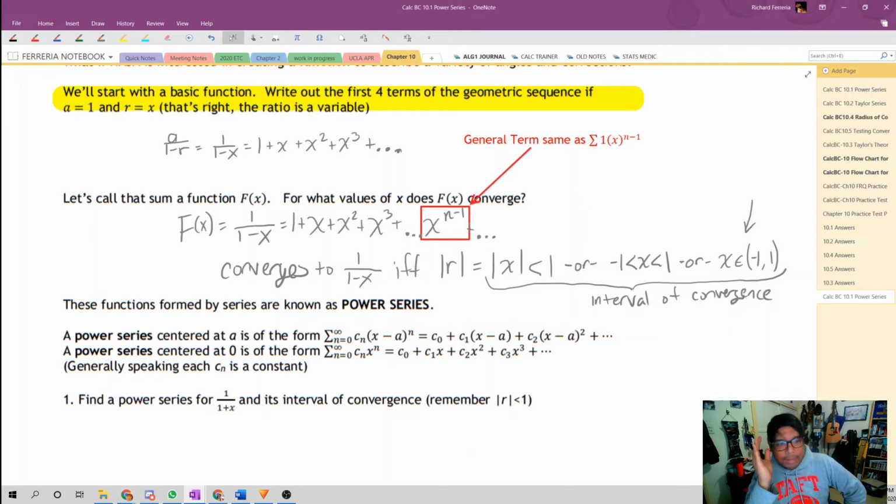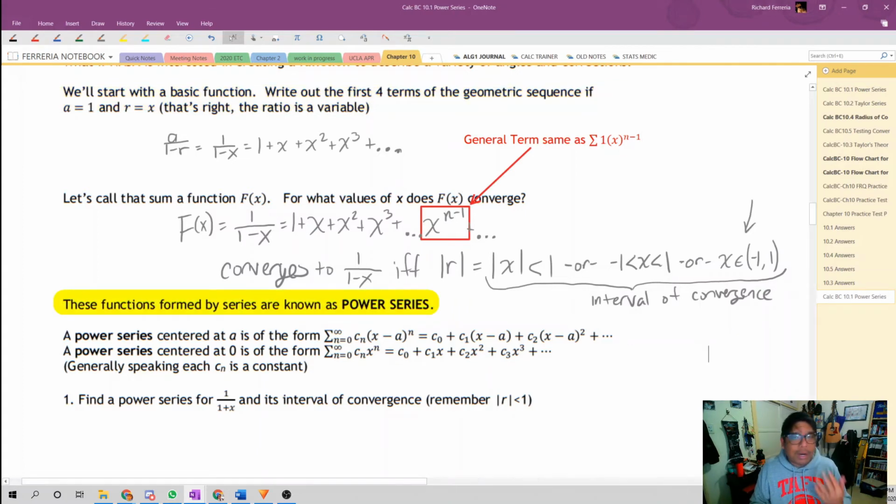So the function f of x can be defined not only in regular notation as 1 over 1 minus x, but we can also define it by this geometric series 1 plus x plus x squared, etc., etc. Functions that are formed by series or can be formed by a series are called power series. Basically, we've taken a series and we've made it into a function, and that function is generally called a power series.